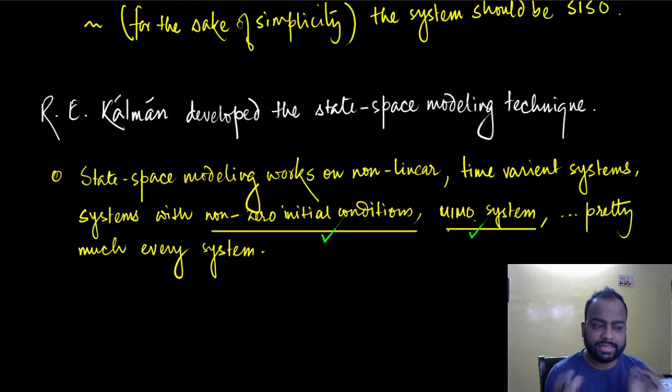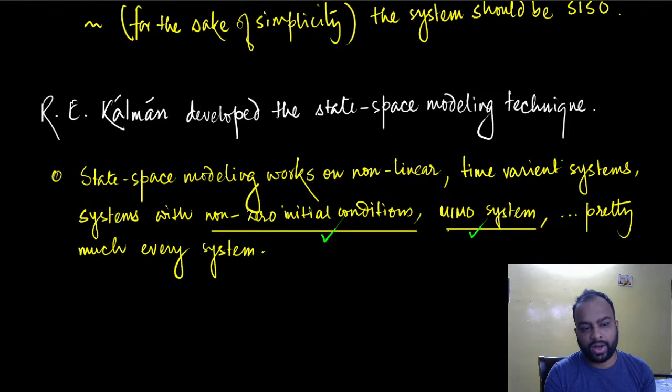We shall be using the state space modeling technique to deal with MIMO systems and systems that do not have zero initial conditions. Especially for these purposes, we are going to use this. We are not going to use this technique for modeling nonlinear systems, because this is a course on linear systems only. So we are not jumping on that.